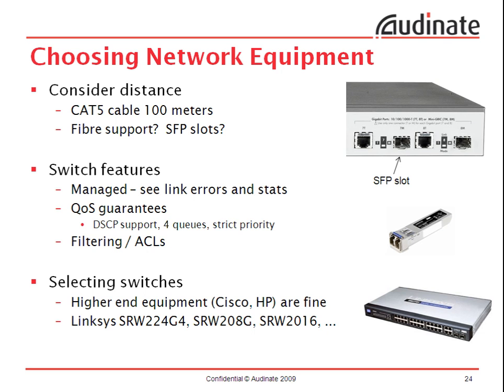In terms of brands, obviously switches at the higher end of the market from companies like Cisco or HP are usually fine, but there are also examples of more cost-effective choices. You can see there that I've given you a short list of Linksys SRW series of switches, and we've had quite good experience with those.